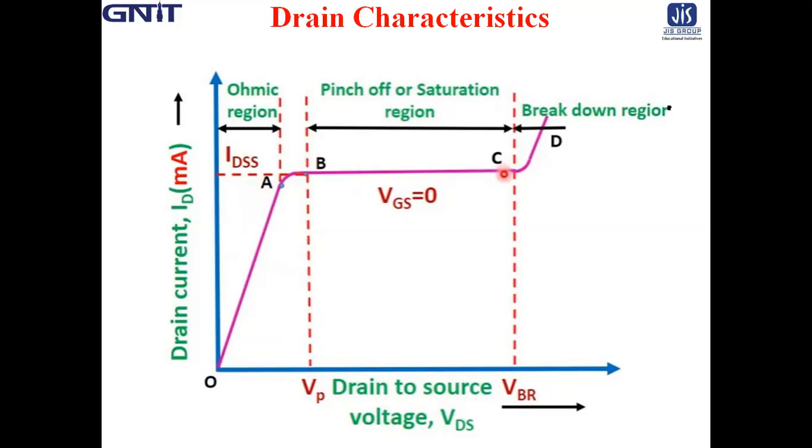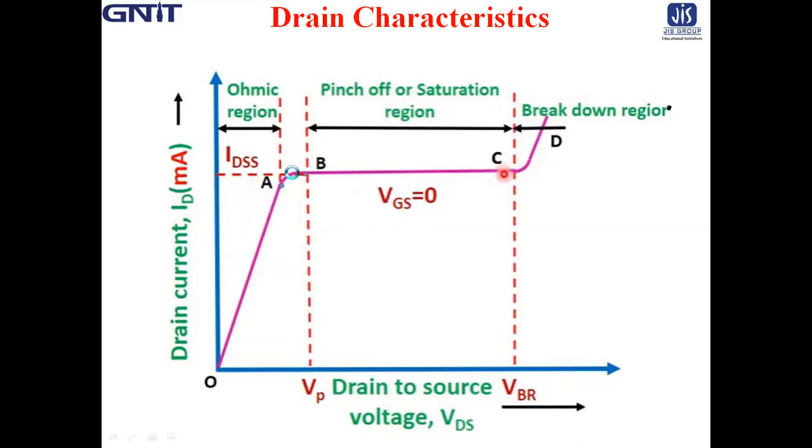Thus, the depletion layer width increases and effective channel width decreases. The channel width is narrowest corresponding to the point B of the drain characteristics. This phenomenon is known as pinch off, and the value of VDS at which this phenomenon occurs is known as pinch off voltage. Say it is shown here as VP.